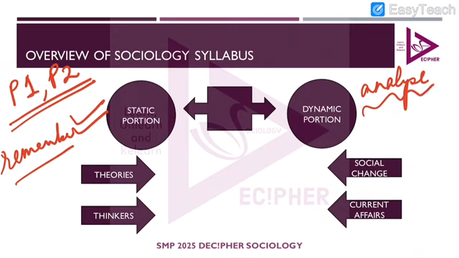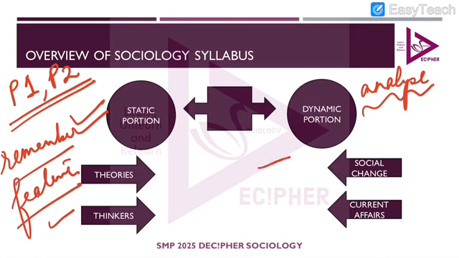So, in the static portion, we have to study about different theories, thinkers, their perspectives, how they saw society, what was society or features of society according to them. All these features of different social institutions we will have to remember.